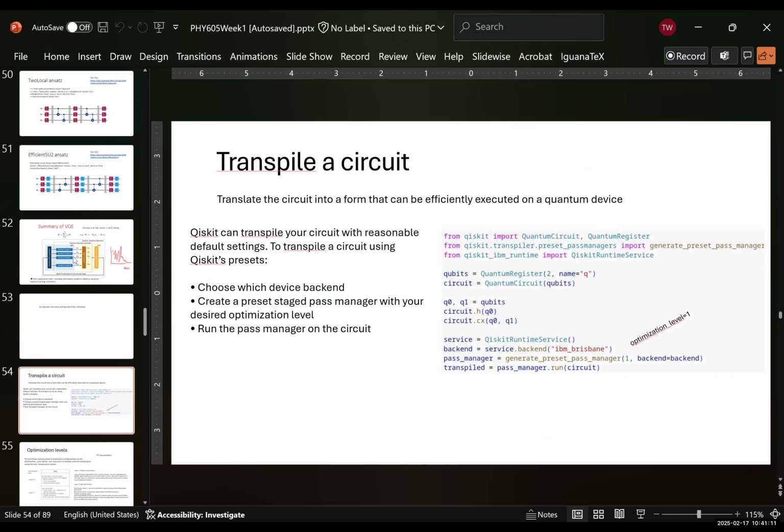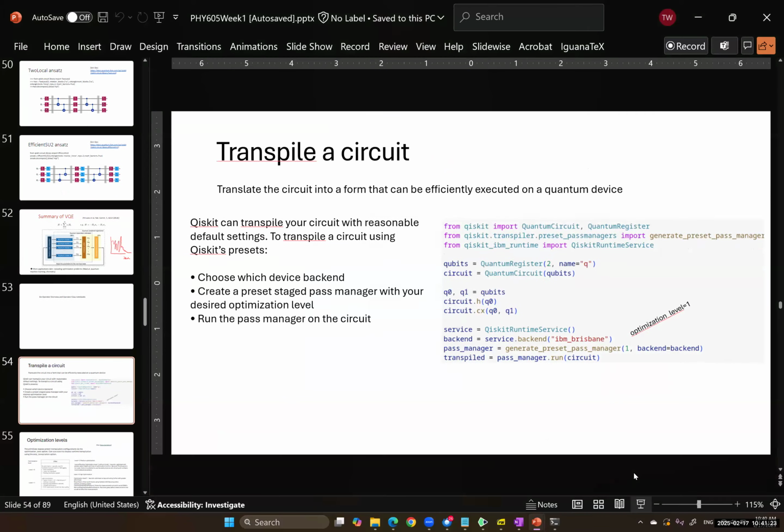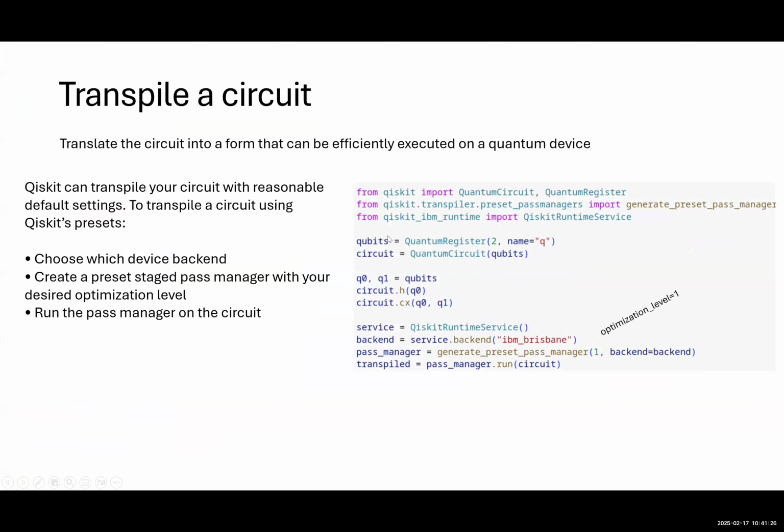Now we go to a different subject, which is transpilation. We've seen this; this is an example code here. If you don't want to do this manually, you just import generate_preset_pass_manager.